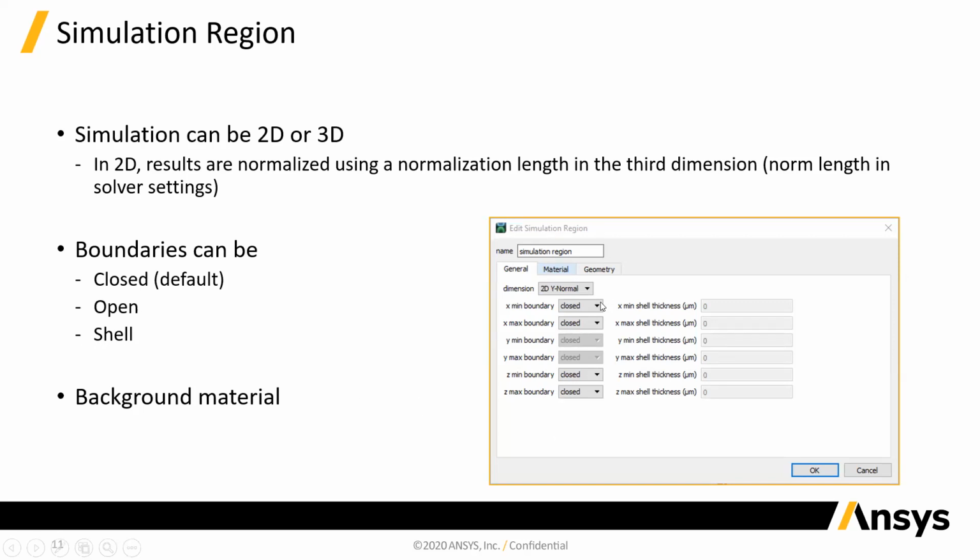When you use the shell option in any of the boundaries, the simulation region adds a buffer layer in that direction, which you can use as the PML layer. And then this simulation region also has a background material option that you can use. So if in your 3D simulation region you have any empty area, you can fill that up with the background material.